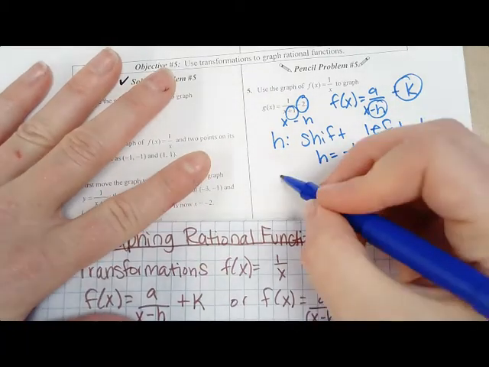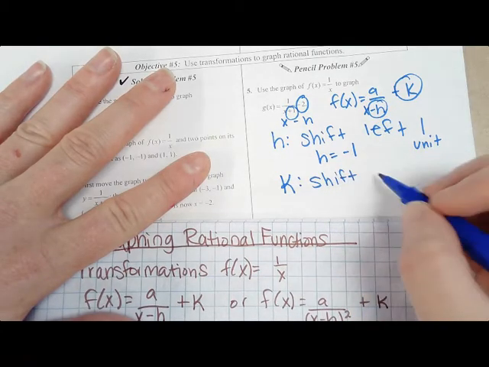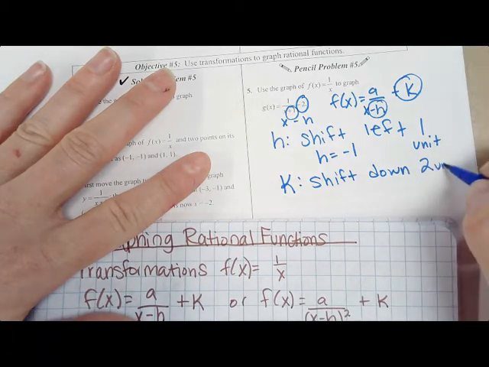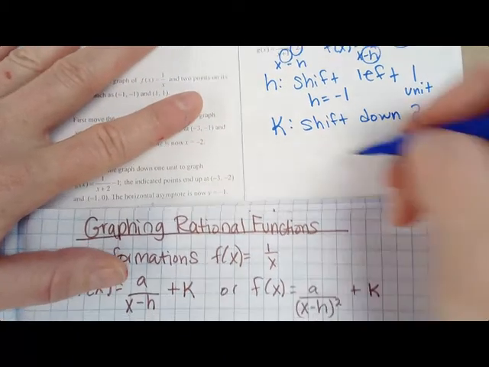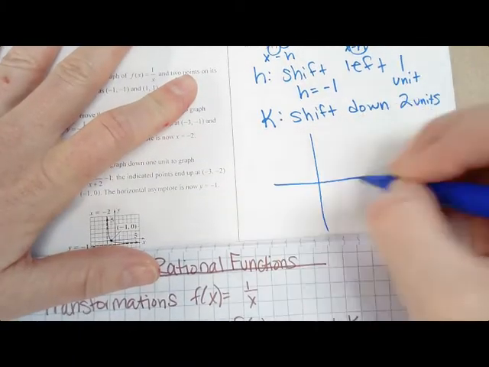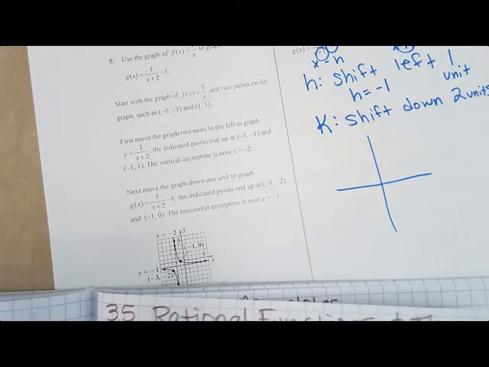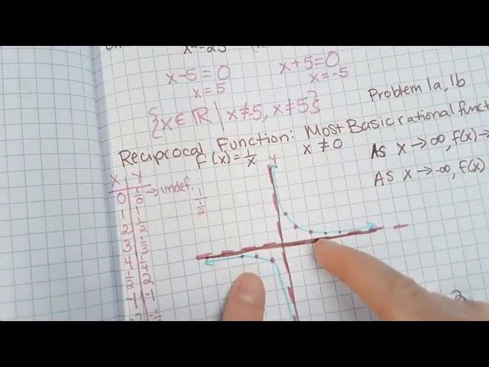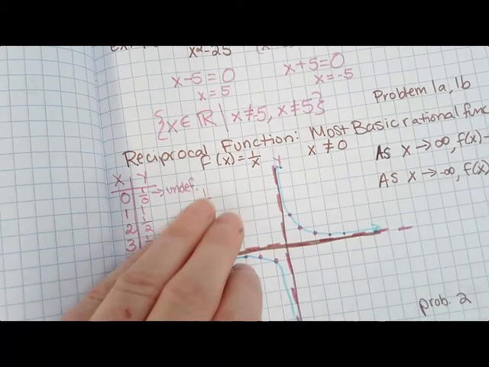And then k is going to shift down 2 units. So from our original function, remember that most basic function that we wrote out in our notes, it's going to keep the same shape, but shift 1 unit over and 2 units down.